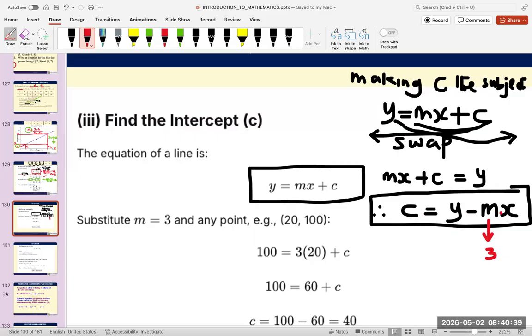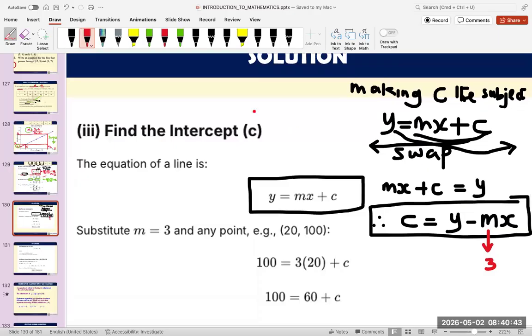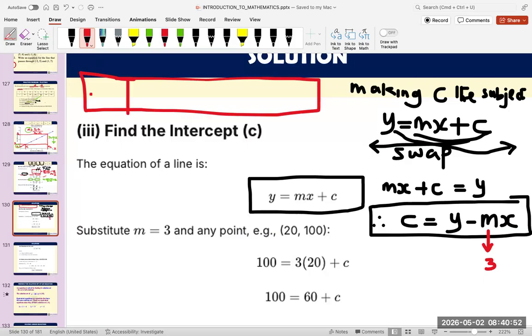So Y and X means go to the table we had. Go to the table we had. And you see that the table is made up of the pair of X and y.